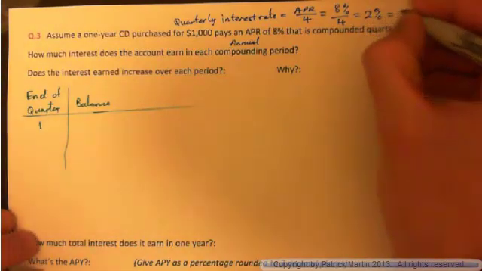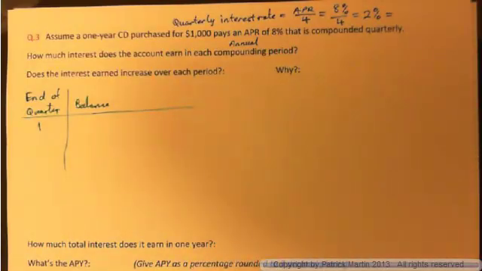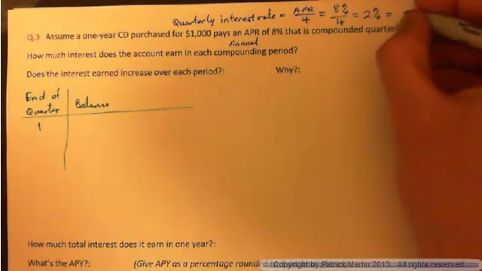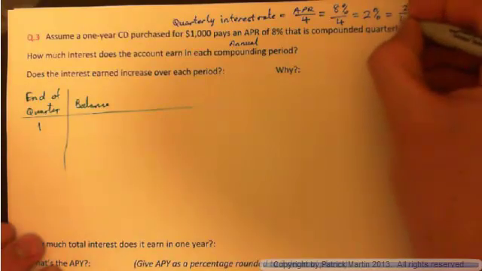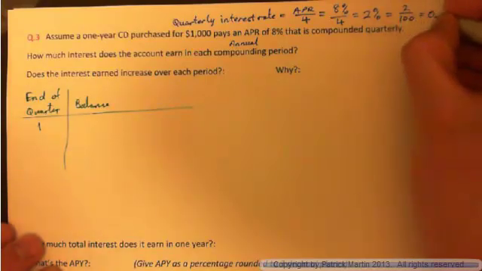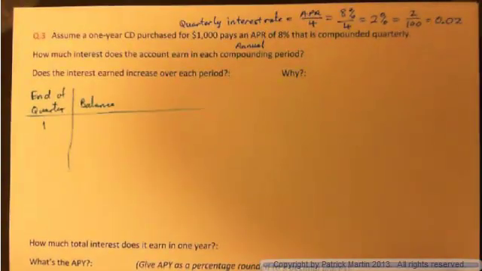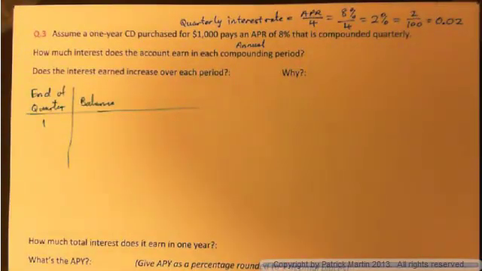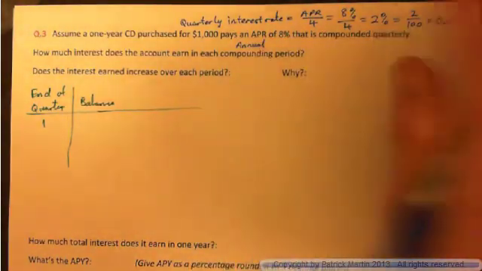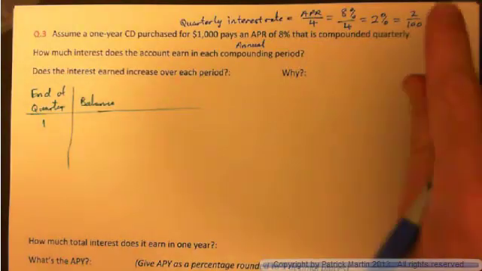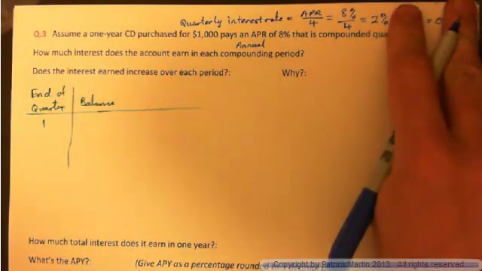And what's 2% as a decimal? 2% is not 2, just so you know. 2% is 2 divided by 100, it's 2 per 100, and that is 0.02, which is a completely different thing than 2. So the quarterly interest rate is 2%, so we're going to get 2% added on each quarter.